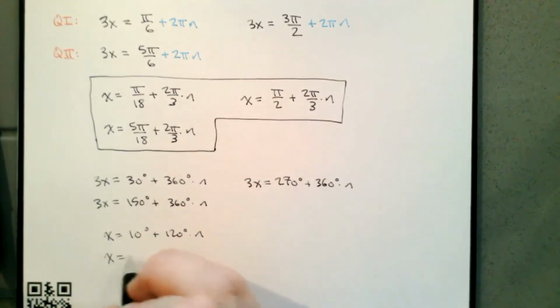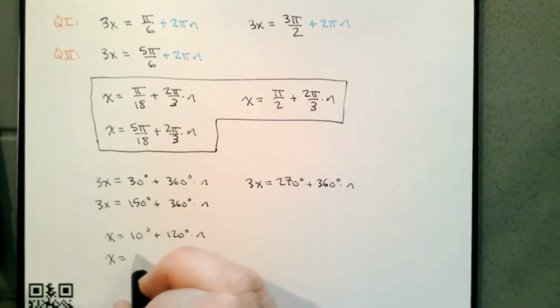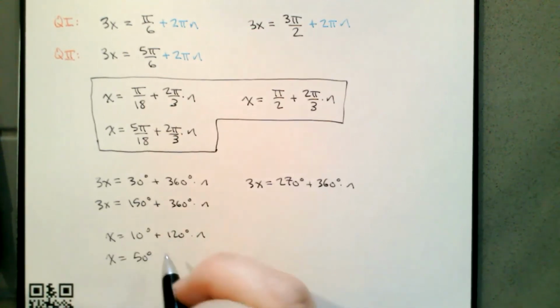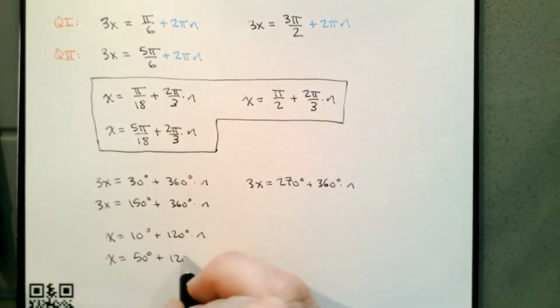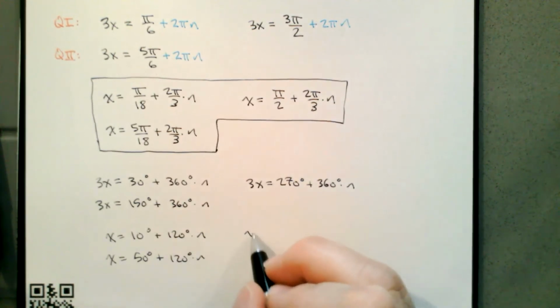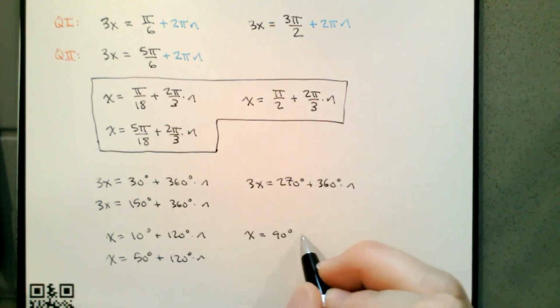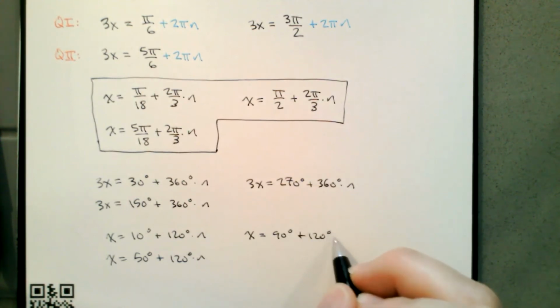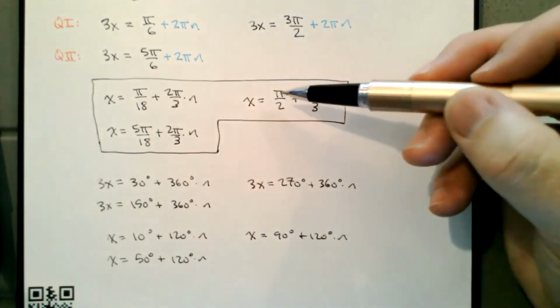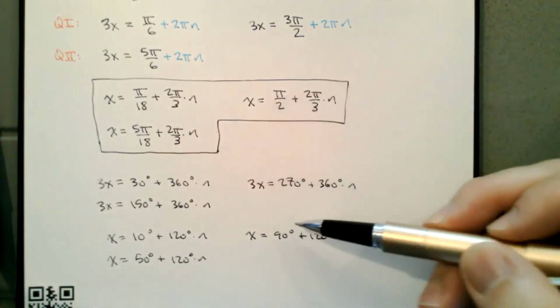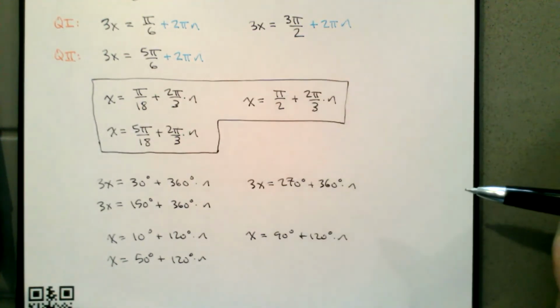And so x equal to, if I divide the 150 by 3, I get 50 degrees plus 120 degrees times n. And 270 divided by 3 is 90 degrees plus 120 n. And I got the pi over 2 in radians, and that's 90 degrees in degrees.